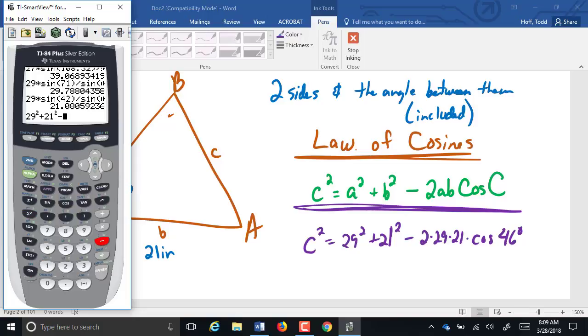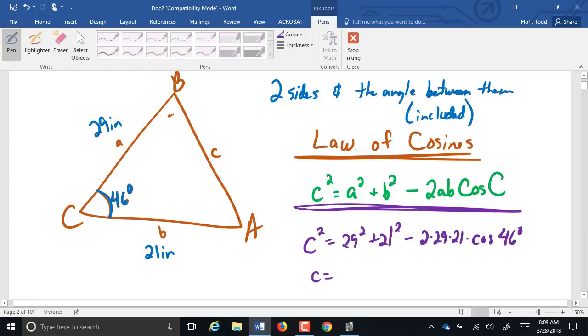You get that number, and then you've got to square root it because that's c squared. So c is 20.88 inches.